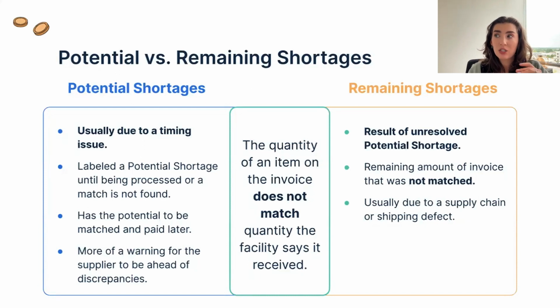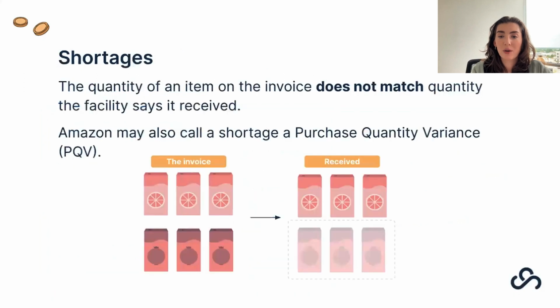Let's say you actually get the remaining shortage back and you have something that lets you know that they received 6 juice boxes that were in the pomegranate. We'll go back to our graphic here, but they didn't receive any of their pomegranate juice, but they received 6 of their grapefruit juice.